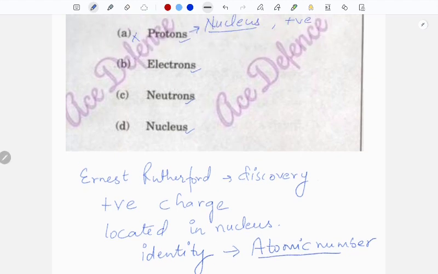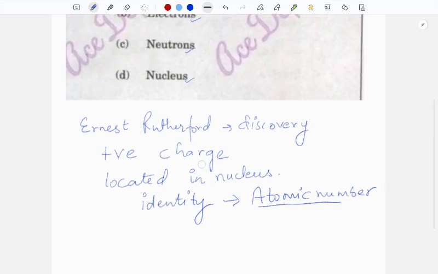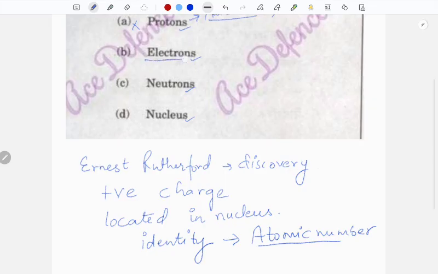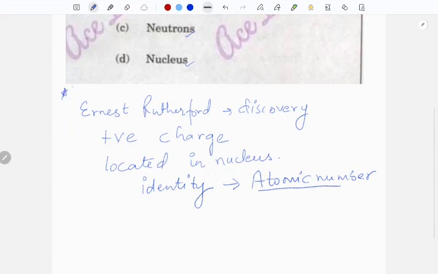Okay. Now let's discuss electrons. An electron is a subatomic particle found in the shells around the nucleus. Where is it located? Around the nucleus, in the shells.